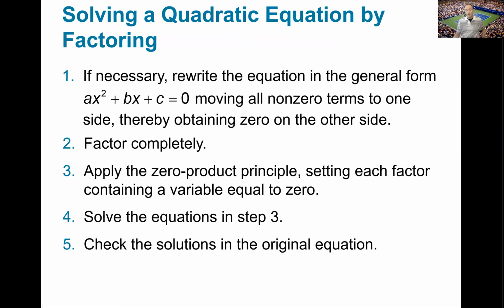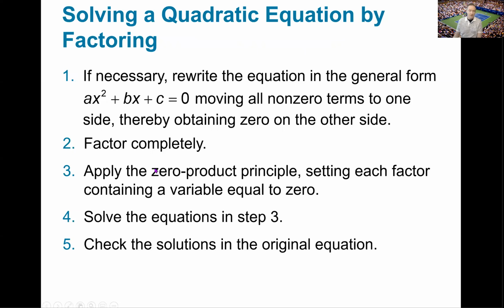Now, solving a quadratic equation by factoring, we will get all of the terms on one side and a 0 on the right-hand side. That'll be the first step. And then we're going to factor the non-zero side. And then once you get that factored, we're going to use that zero product principle that we discussed on the previous page and say, well, if this group times this group is equal to 0, either the first group or the second group must equal 0.